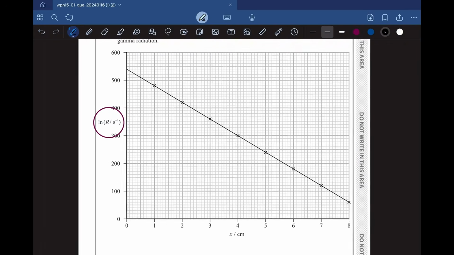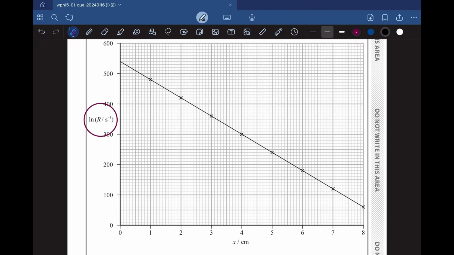So now let's figure out the gradient right here. We can take this whole line from this position till this position.